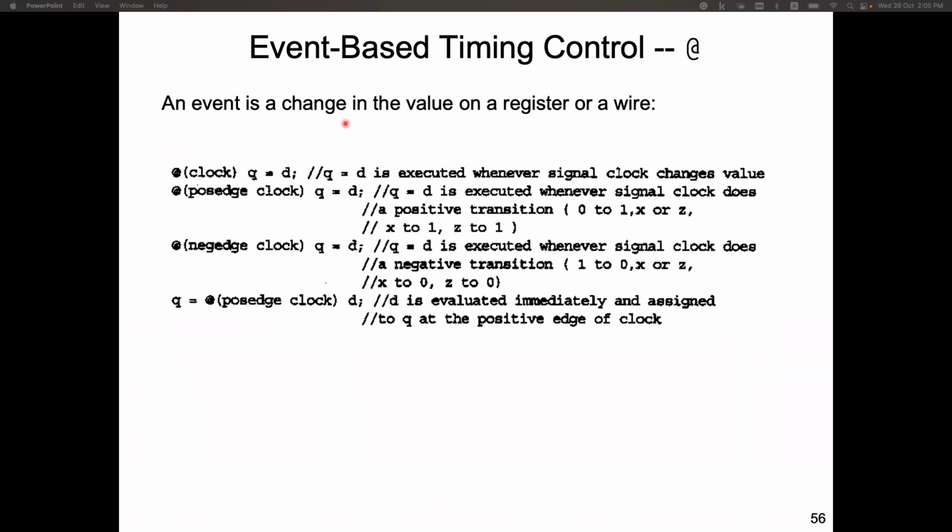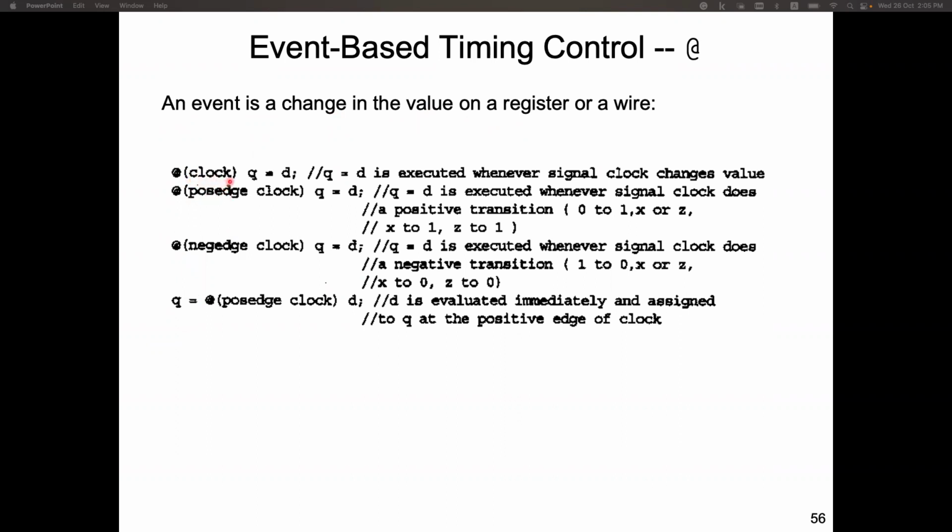An event is a change in the value on a register or wire, a change from 0 to 1 or 1 to 0. The usage is illustrated in these lines.